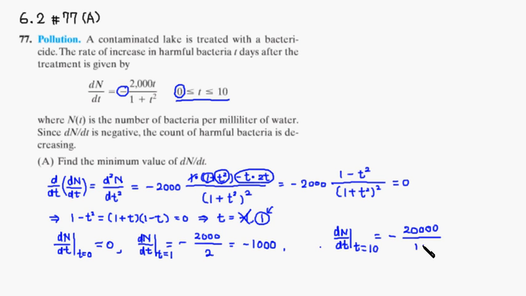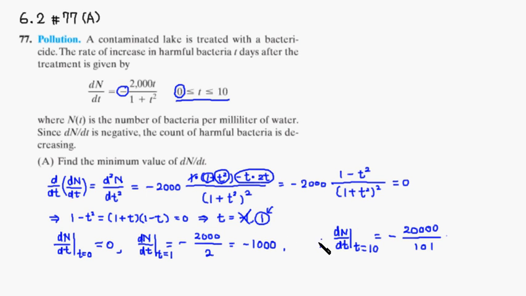So this is almost 100, so we're looking at around 200. So you can see that this one is actually larger than negative 1,000.